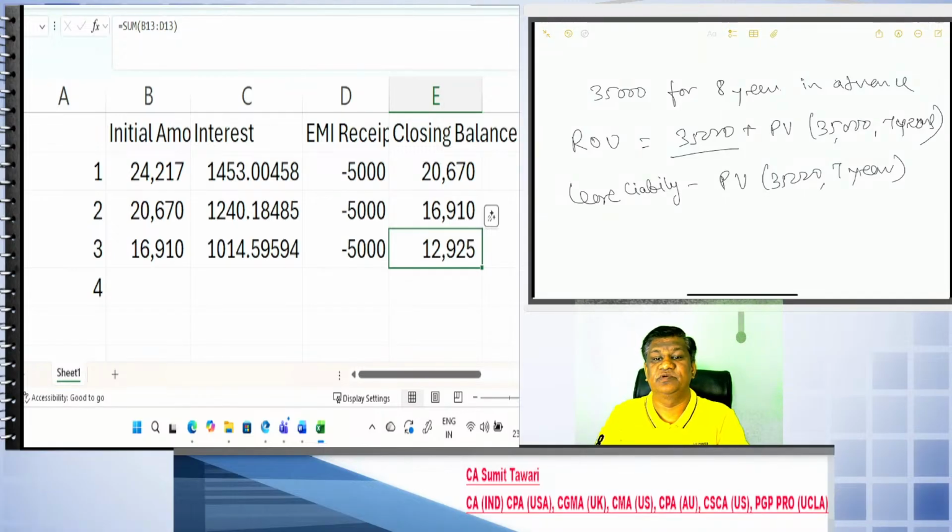So this way we need to calculate. Okay. So that is my present value of all future cash payments. Okay. And for ROU, because I'm paying in advance, so this is my ROU, 241,240. Okay. And this is my lease liability.